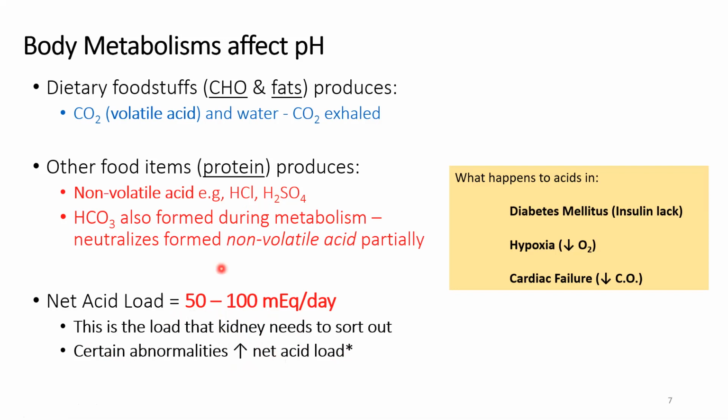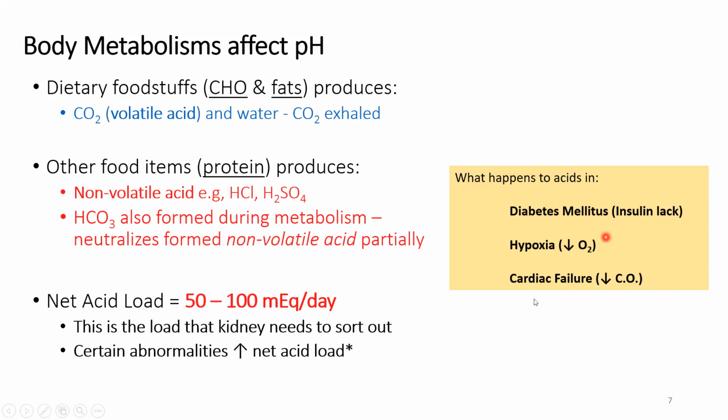Generally speaking, non-vegan and non-vegetarian people consume more proteins than other food groups, and hence the net acid load is about 50 to 100 milliequivalents per day. Okay. Now there are certain abnormalities of net acid secretion, and these are the ones.